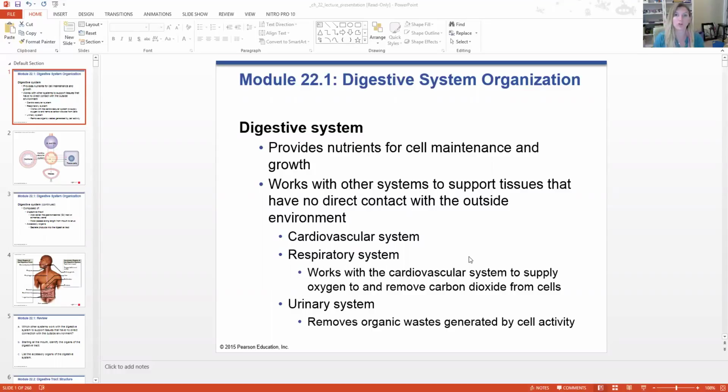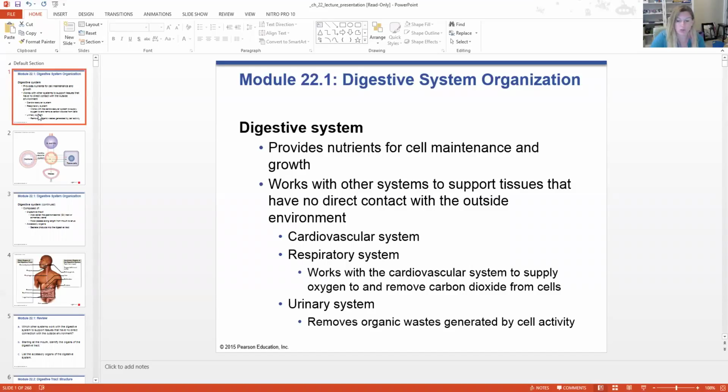So overall review of the digestive system: this is how all of the nutrients get into the body. This is also one of the ways that waste products leave the body. It works with all of our other systems inside of the body, supporting and protecting and providing nutrients to those systems so that they can do their job. Things like the cardiovascular system, the respiratory system, and the urinary system all work in conjunction with the digestive system.